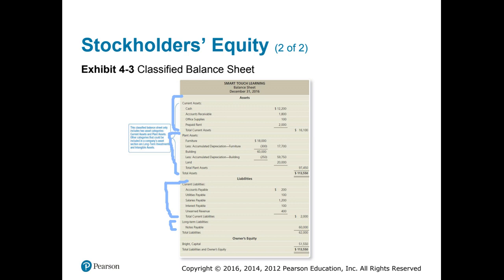What about number 3, land? Plant asset. Land is a plant asset. What about number 4? Current asset. Number 5? Current liability. Number 6, stockholders' equity. Number 7, investments in stock of another company held long-term.